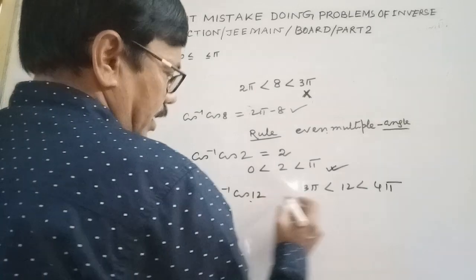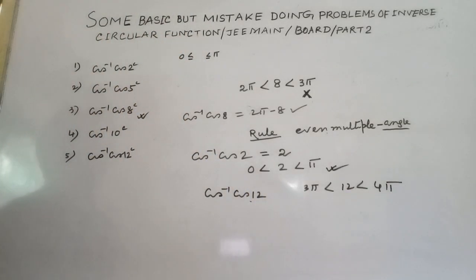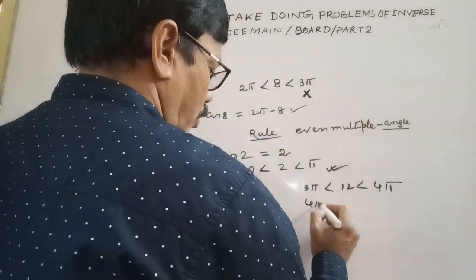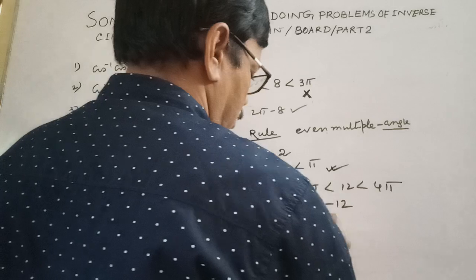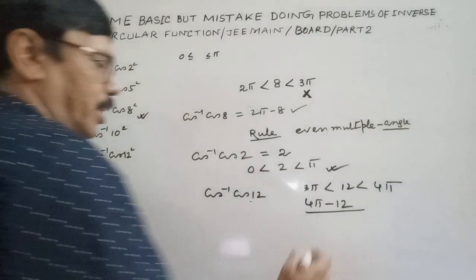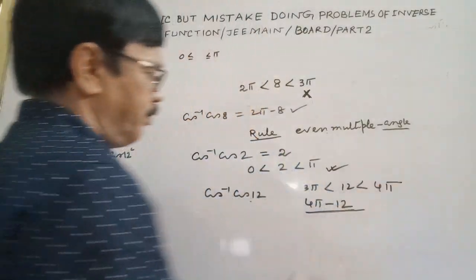So 12 radian lies between 3 pi and 4 pi. So what is your rule? Even multiple minus angle. So 4 pi minus 12.